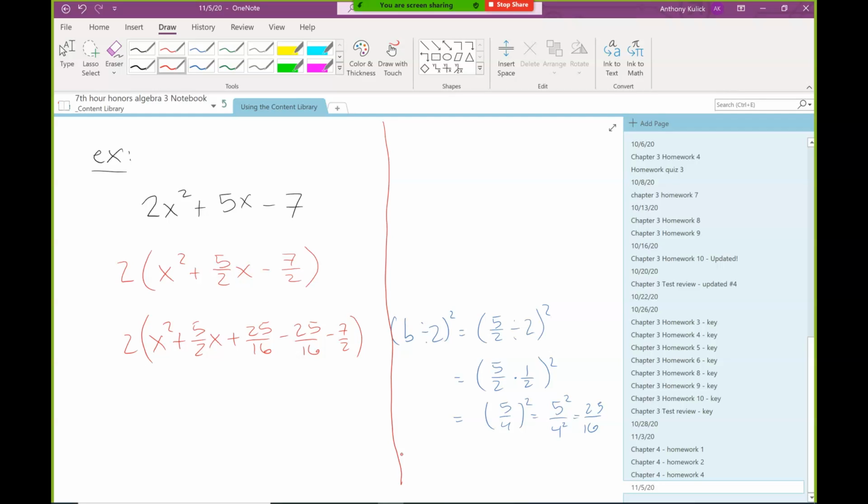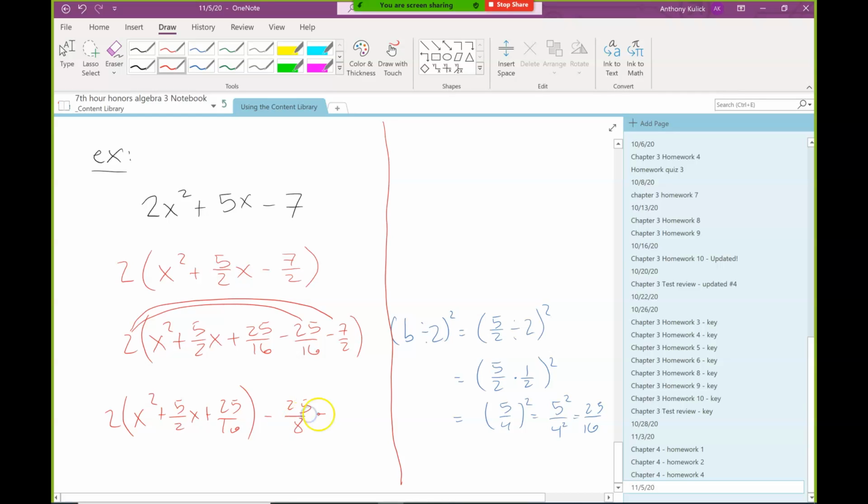Okay, so that's good. What do I do next? Very good. I'll distribute the 2 to the last 2 pieces. So that becomes negative 25 over 8 minus 7.